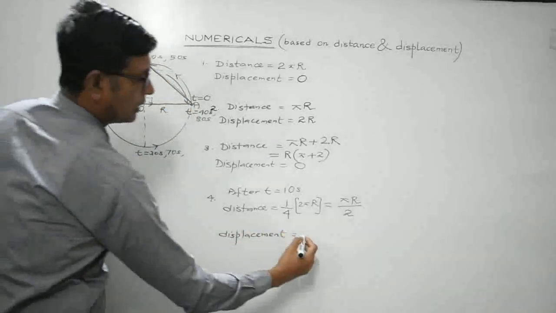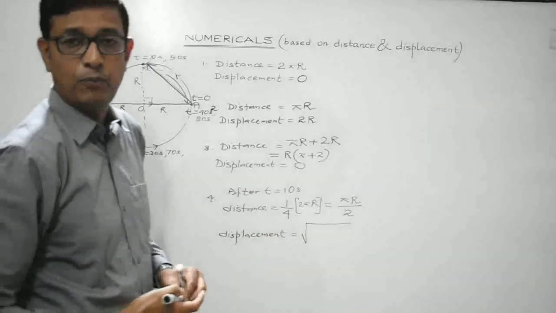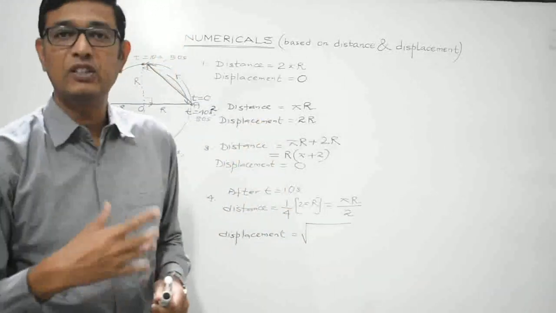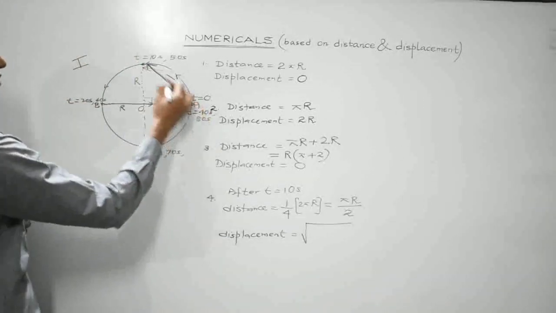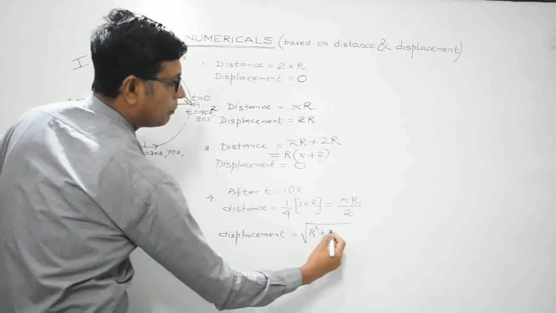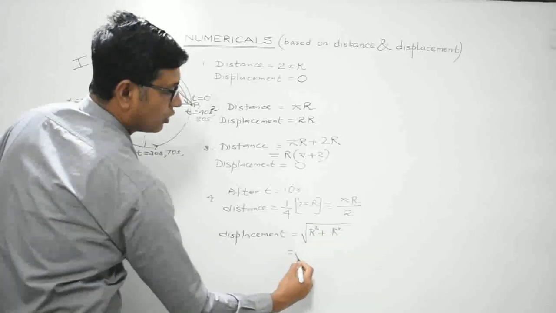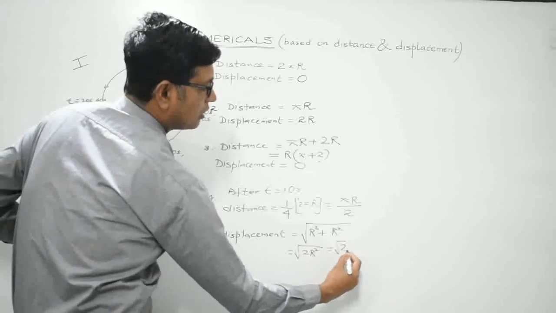Make use of the Pythagoras theorem. Hypotenuse is equal to square root of base square plus perpendicular square. So this is base, this is perpendicular, this is hypotenuse. So displacement will be square root of base square plus perpendicular square. So it is square root of 2r square, which in turn would give us root 2 r.